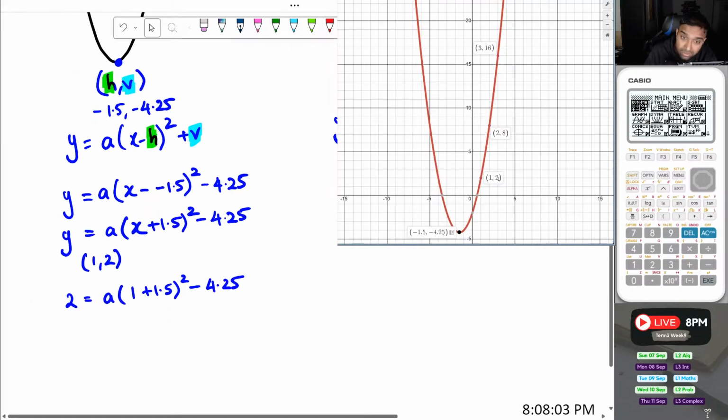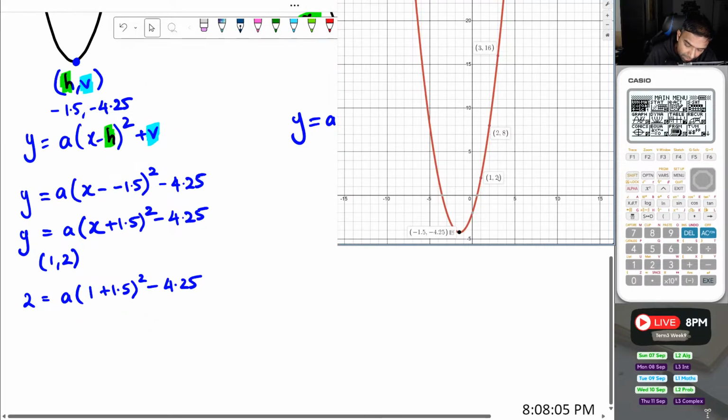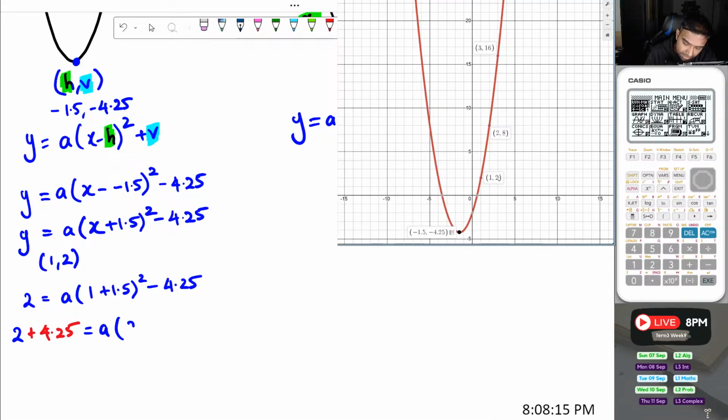From here, if I rearrange, I get 2 plus 4.25 equals a times 2.5 squared. So basically, a is equal to 6.25 over 2.5 squared.